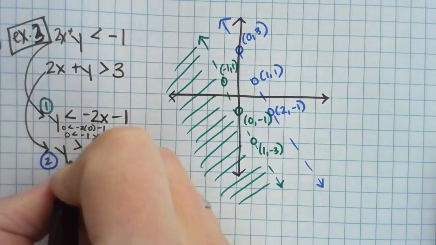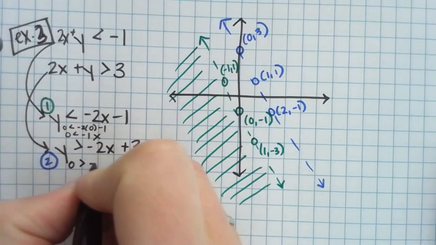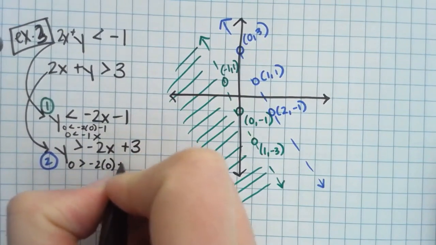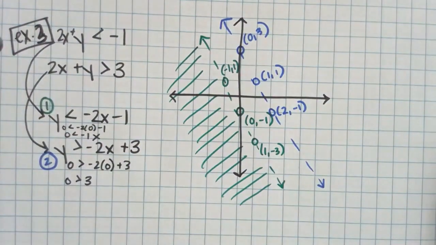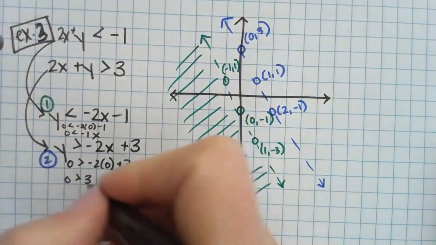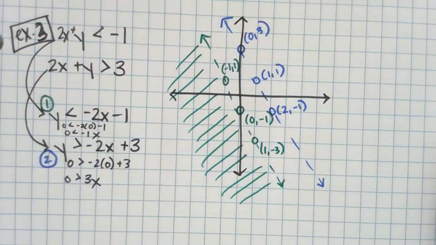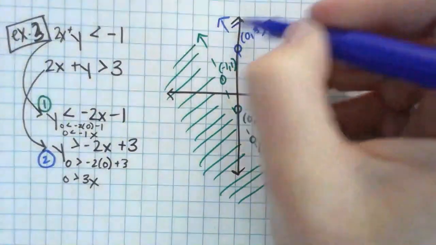Plug in the origin. 0 greater than negative 2 times 0 plus 3. 0 is greater than 3. Is that true that 0 is greater than 3? No. Meaning I'm not going to include the origin in my shading. So I'm going to shade this side.